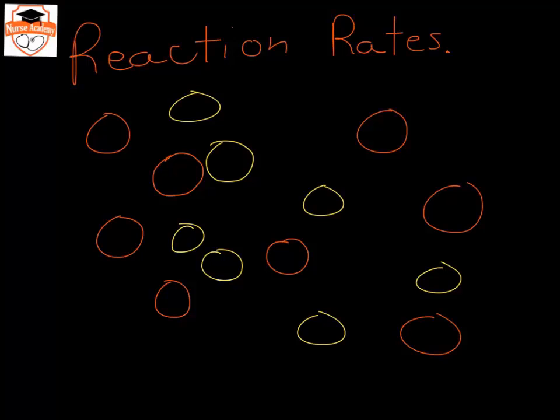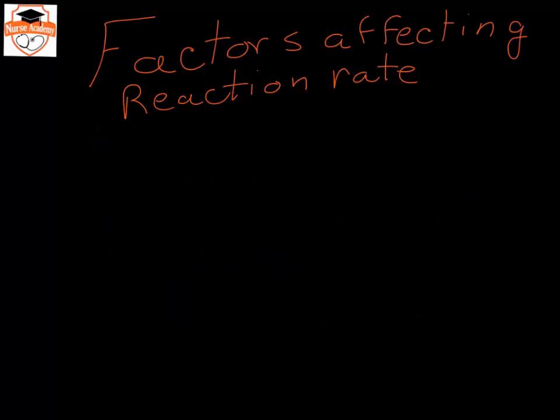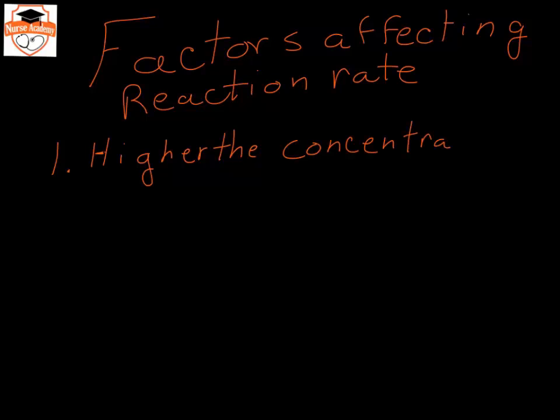There's several things that will increase the reaction rate. The first one is the higher the concentration, the faster the reaction. Or we could say the higher the rate. The second thing is increasing the temperature.